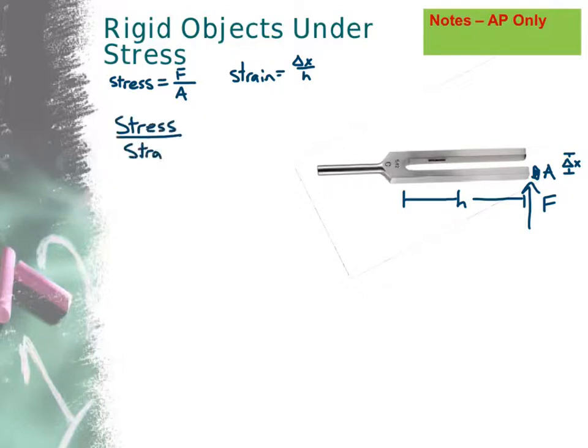So, I can set up my stress over strain is equal to my shear modulus S. So I need to know the shear modulus of the material. But let's solve this for stress. So let's say stress equals our modulus times strain. And then let's replace stress with force per unit area.